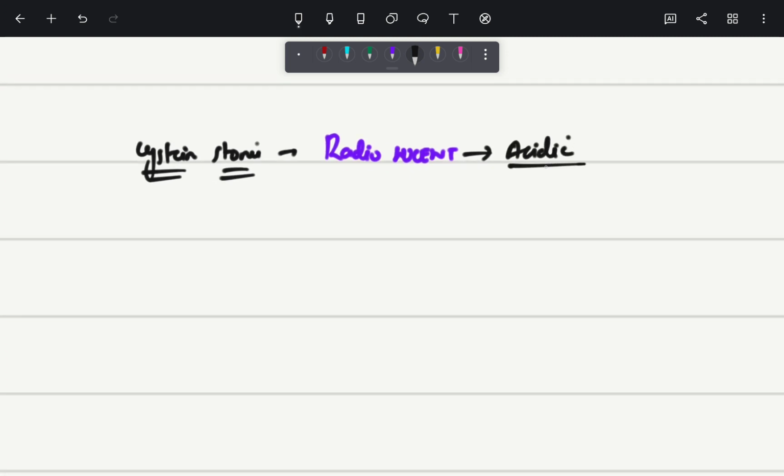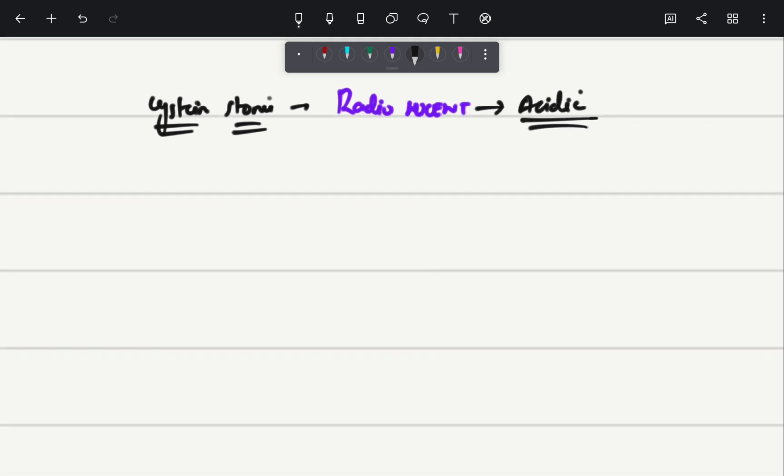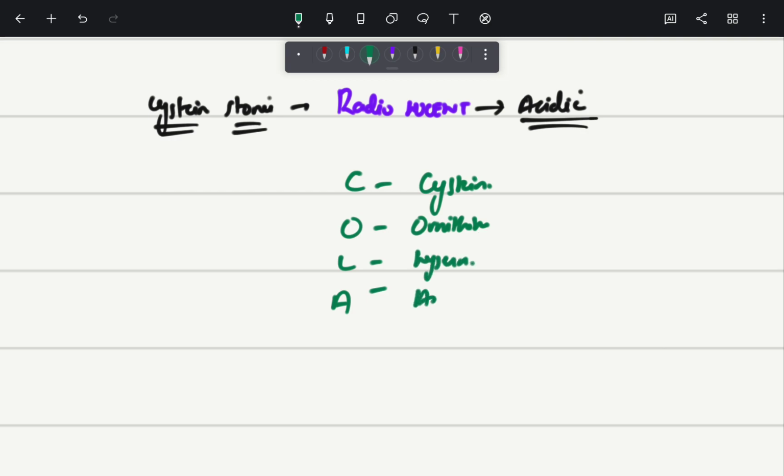Okay, normally you will find these cystine stones when you have a COLA metabolic defect. Okay, COLA: C stands for cystine, O stands for ornithine, L stands for lysine, A stands for arginine. So cystine stones are usually seen in COLA metabolic diseases.